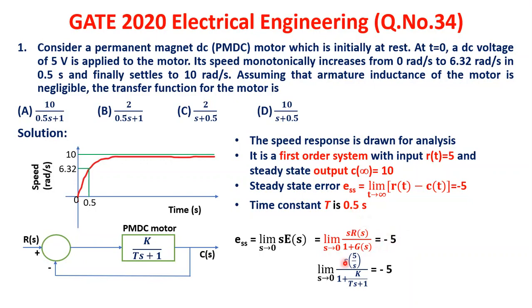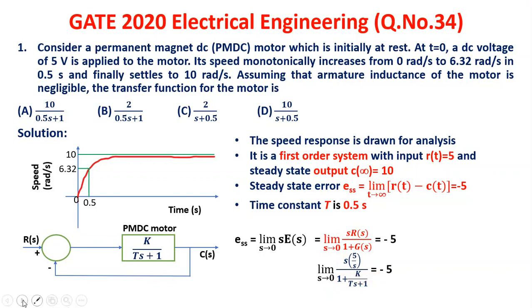Since the input is 5, on Laplace transformation R of s is 5 by s. G of s is K by Ts plus 1, because only those forms are available. So s into 5 by s by 1 plus K by Ts plus 1. When you take s tends to 0, s cancels. So 5 by 1 plus K equal to minus 5.